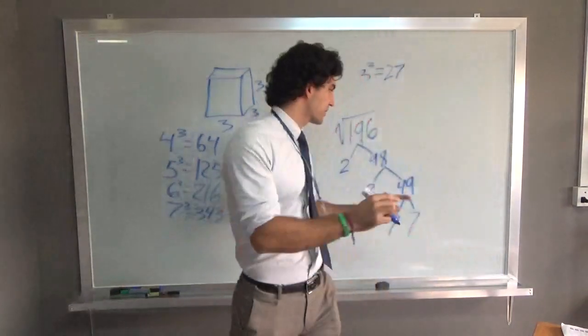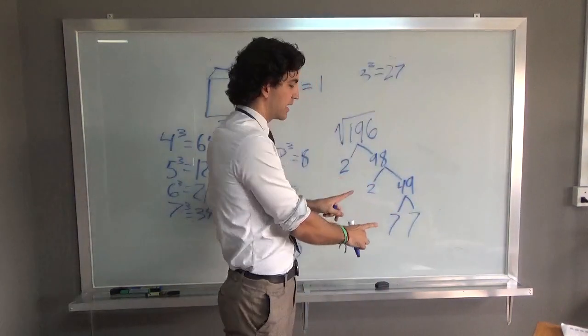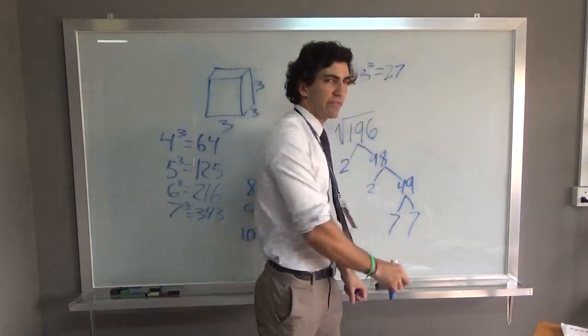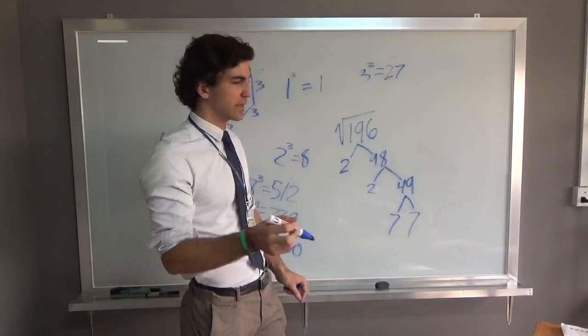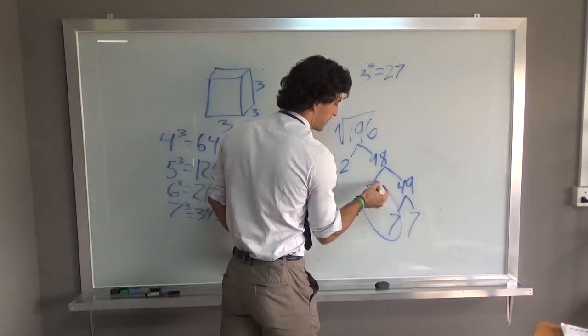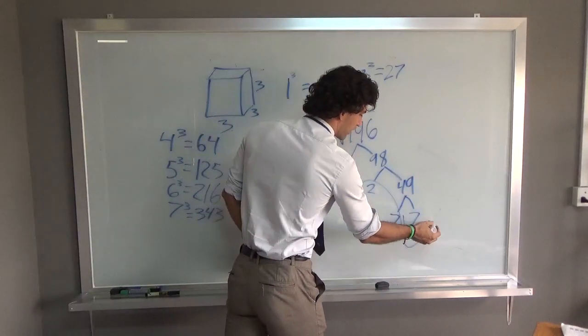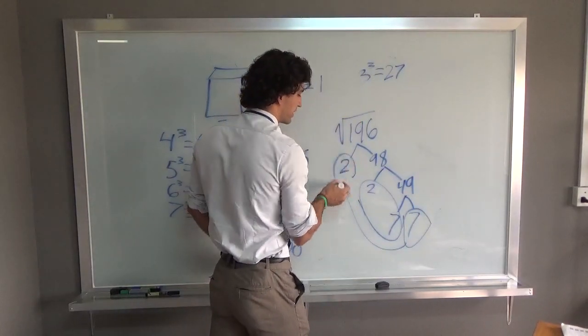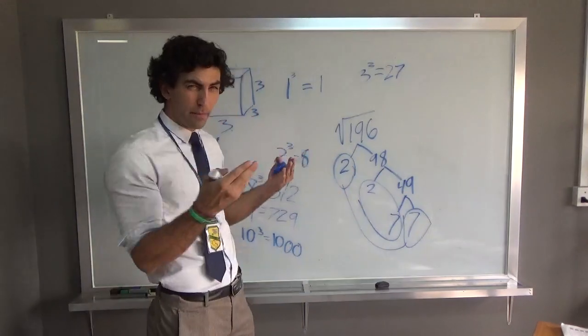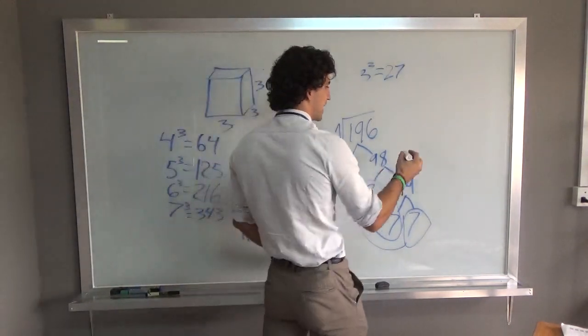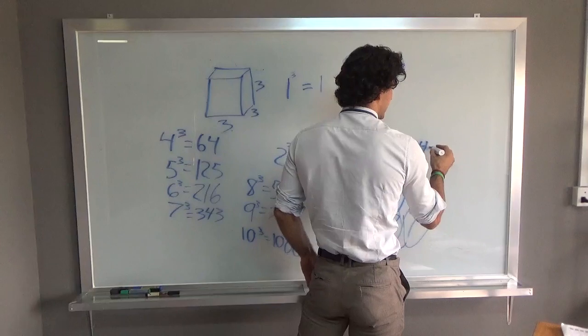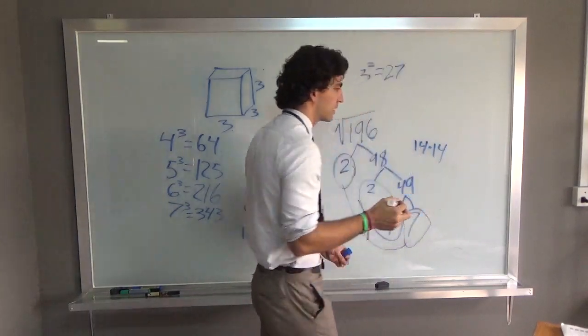I see 2 2s, and I see 2 7s. And what that tells me is if I were to pair up this 2 with this 7, and this 7 with this 2, and re-multiply them together, I would have 14 times 14.